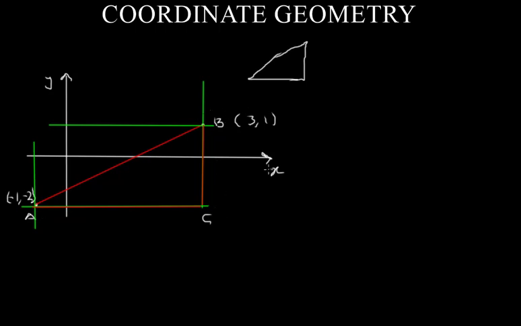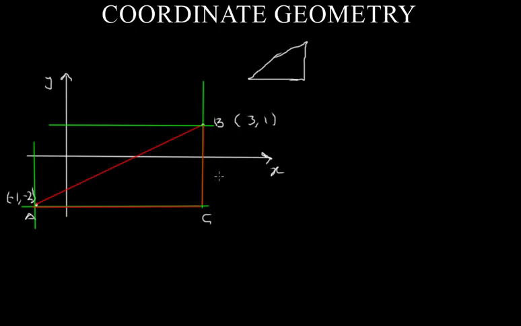And going back to the Pythagorean theorem, if we are to find the distance between point A and B, this line AB would be our hypotenuse, and line AC and line BC would be our opposite and adjacent respectively. So to find this distance, we would first need to find the distance AC as well as the distance BC.